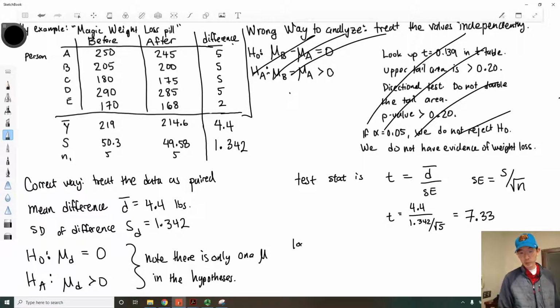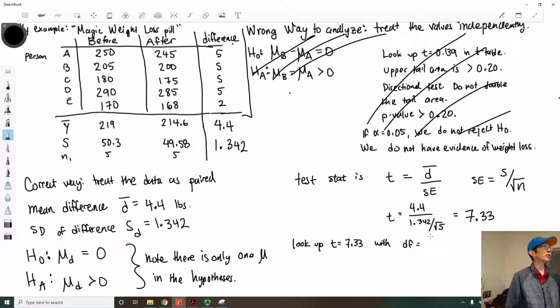So we look up t equal to 7.33 with degrees of freedom equal to, well, how many degrees of freedom will I have here? 4, right? We treat this as one sample, okay? So degrees of freedom is going to be n minus 1. We're going to have 4, okay?